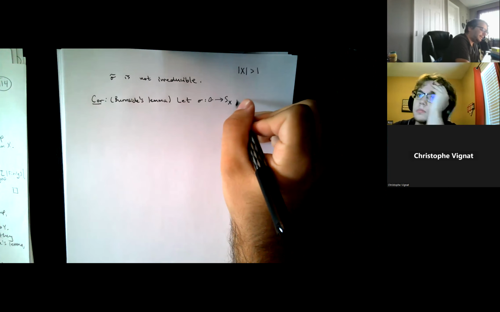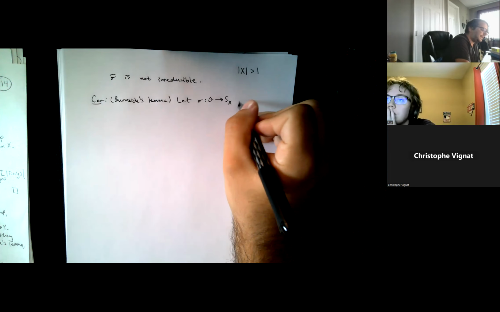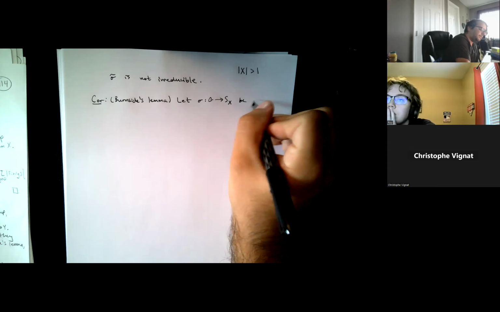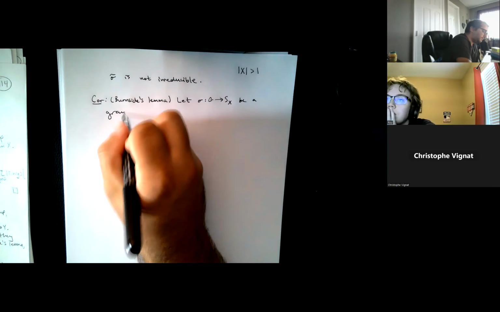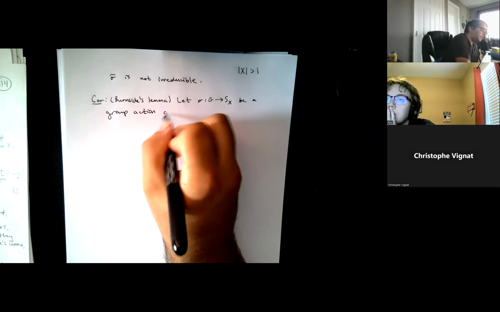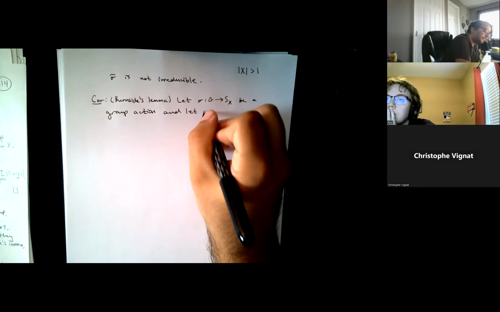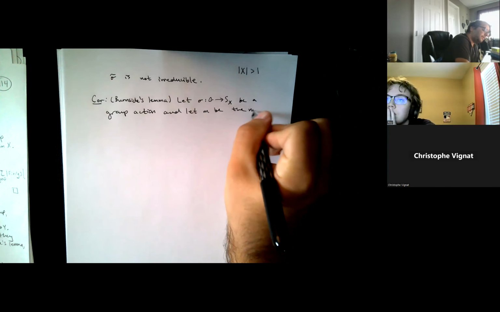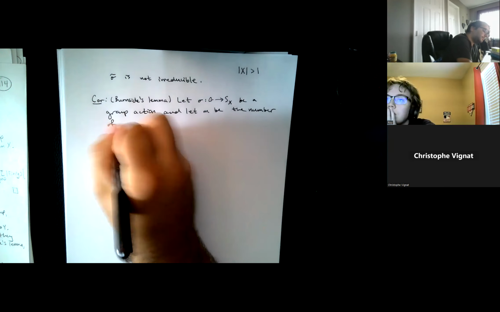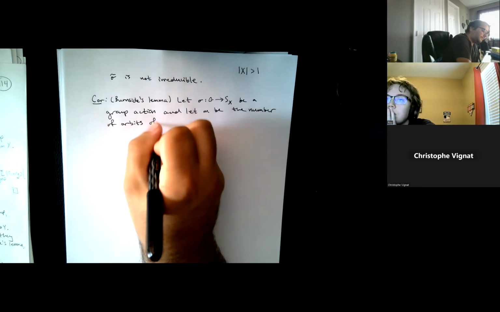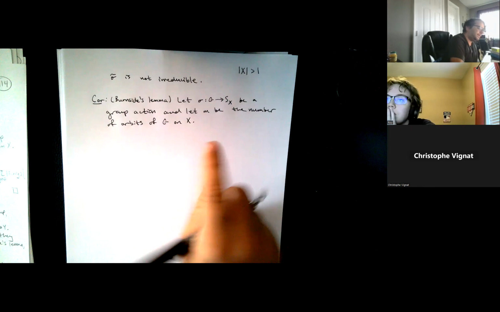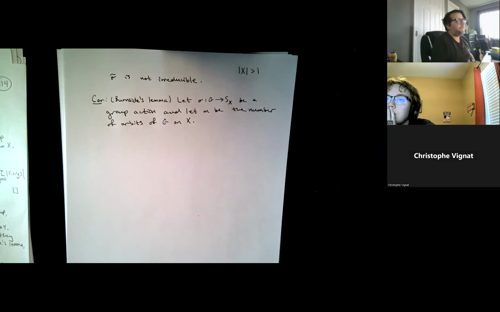If sigma is an action of G on some set X, so let this be a group action, not necessarily transitive, and let M be the number of orbits of G on X. That means it's the dimension of the fixed subspace of the span of X.